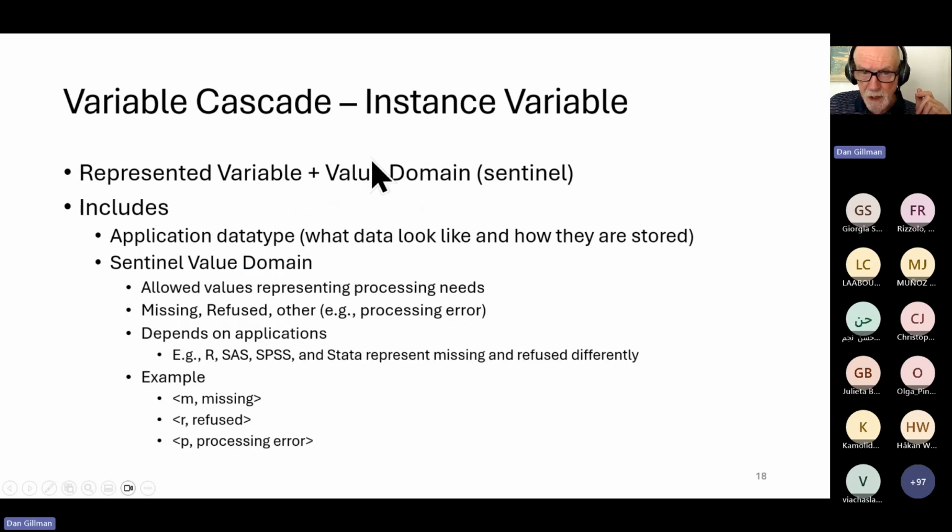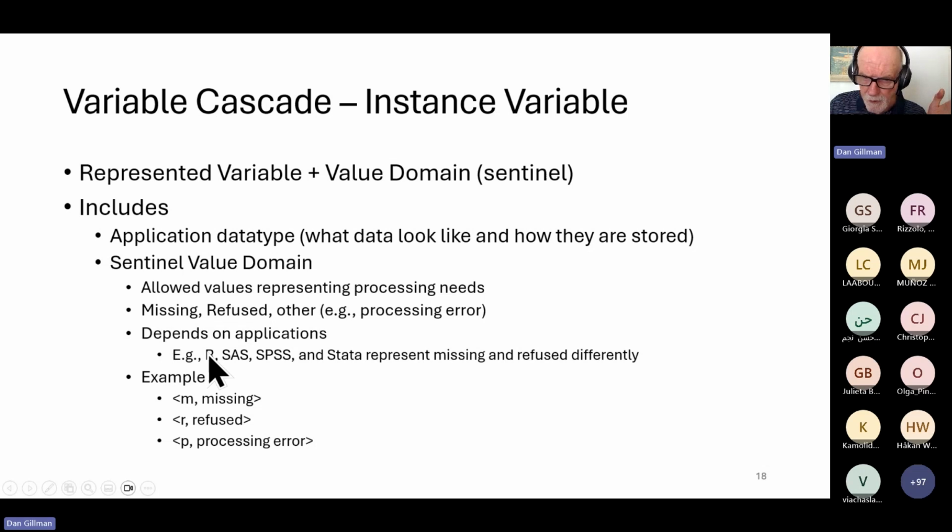At the instance variable level, then, this is the lowest level. We include not only the represented variable, but also the sentinel values. And the sentinel value domain is the values representing the needs for processing, like missing and refused.